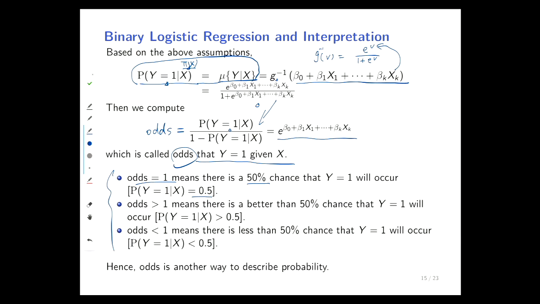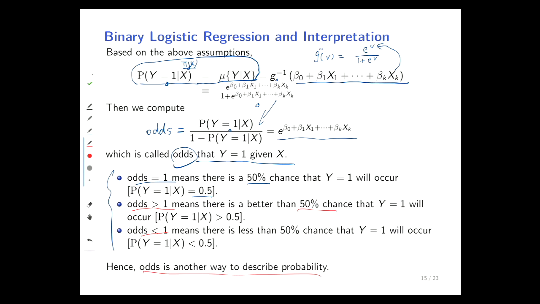So if you have a 50-50 chance, sometimes you can say that you have odds equal to 1. You can consider it as another word for probability, a new concept to represent probability. If we have large odds, it usually means we have a large probability that something will happen. If we have smaller odds, we have a smaller chance that something will happen. In other words, odds is just another way to describe the probability.